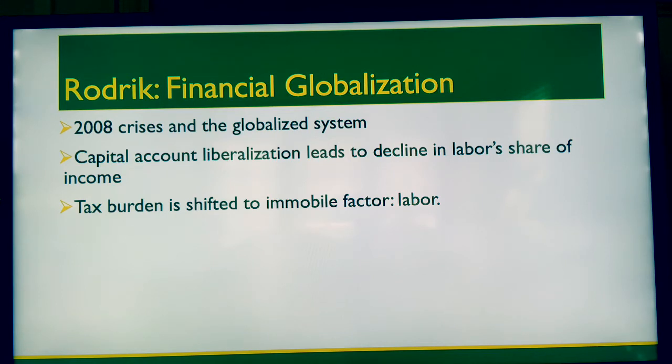The crash in the United States financial institutions impacted the whole world because of this globalized financial system. One of the things that happens when we liberalize capital accounts is it leads to a decline in labor's share of income, and the tax burden is shifted to the immobile factor, which is labor.